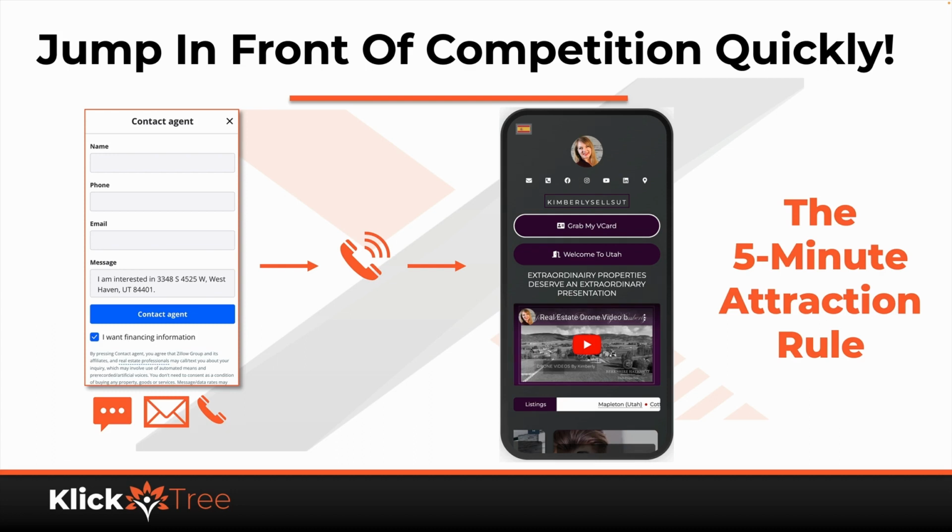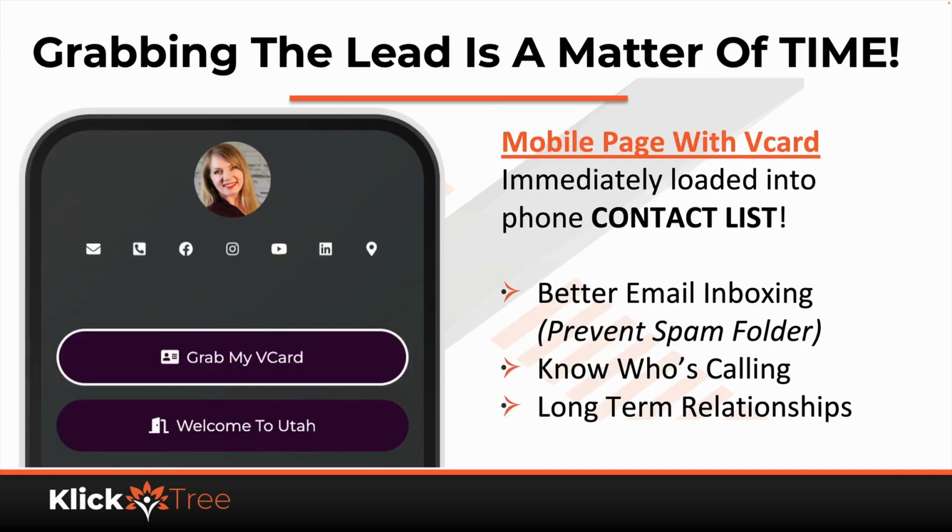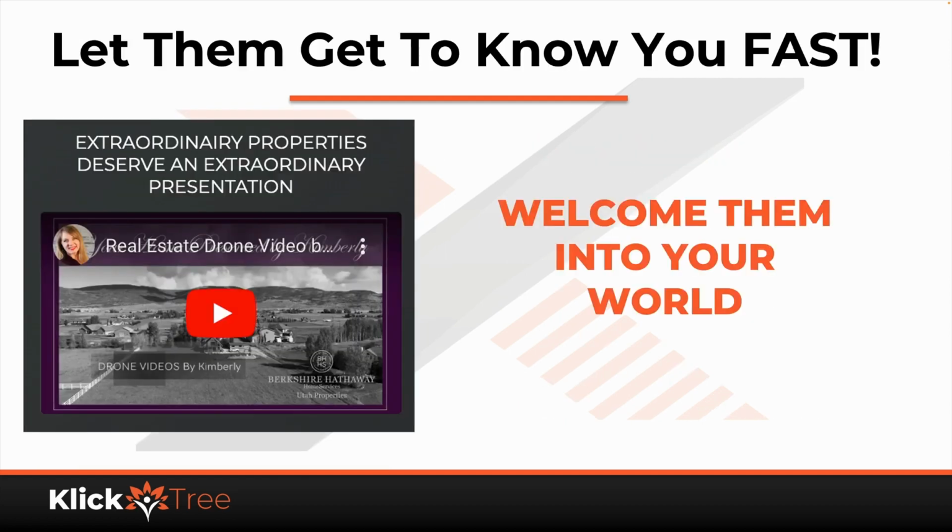I get called regularly here in the US, and it's all these spam calls. So whenever I see a phone number, I don't even pick up. That's the experience of everyone else. So it's very important that they see a name with the number. All right. The mobile page with the V card is immediately loaded into their contact list, which gives better inboxing, has caller ID, and builds that relationship fast.